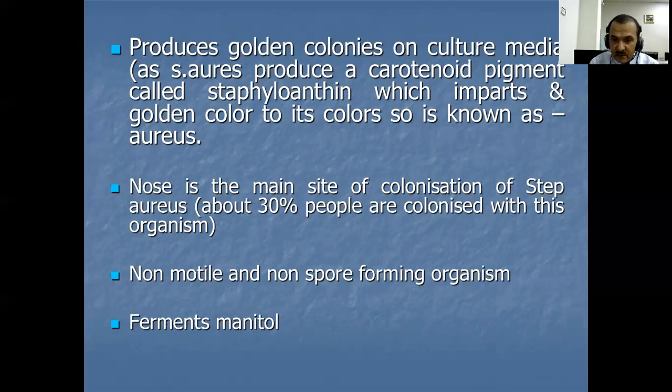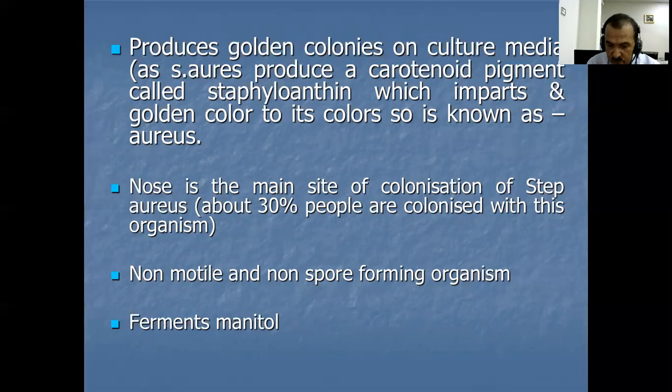Cocci are non-motile and non-spore forming organisms. All the cocci, either gram-positive cocci or gram-negative cocci, are non-motile. You must remember the story I told you about the cocci and the bacilli. Cocci and bacilli were fast friends.